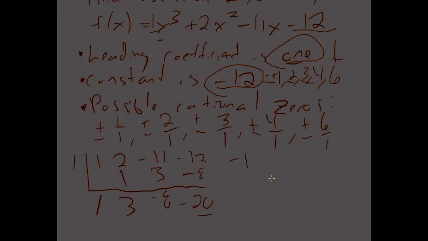Let's try negative 1. That is our next factor we can try out. Same thing: 1, 2, negative 11, negative 12. If you're thinking this isn't going to have a remainder because I don't want to do more work, you are correct. Now I'll put a 1 down there. 1 times negative 1 is negative 1. I'm going quickly because I've already done this.